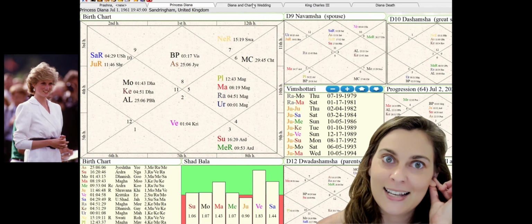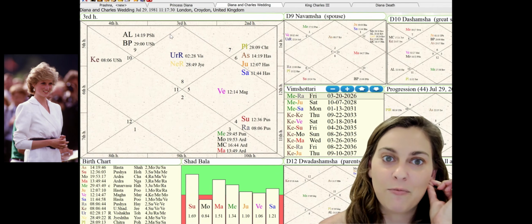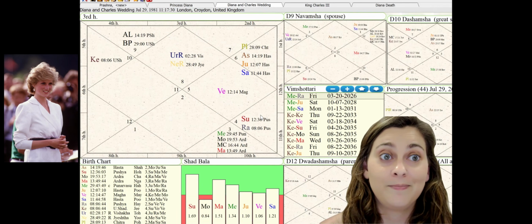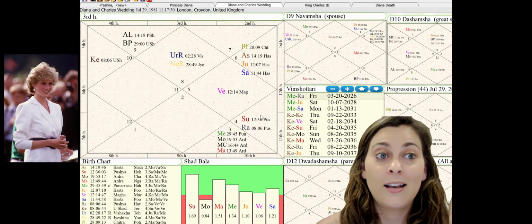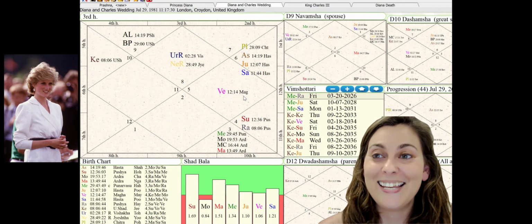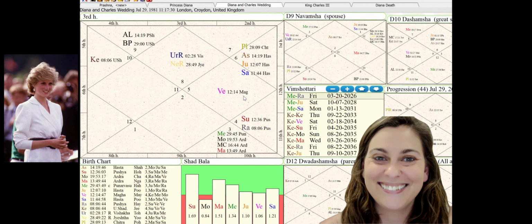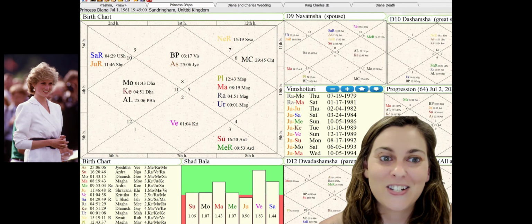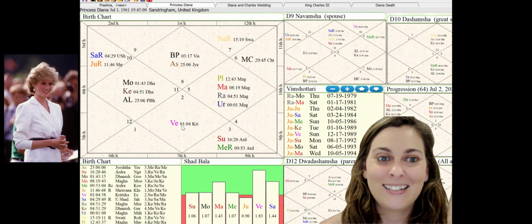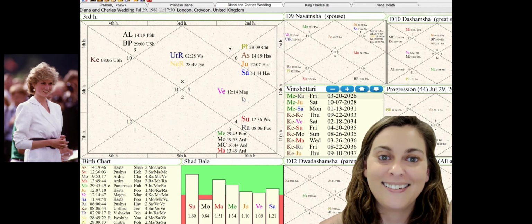Okay? This chart I have pulled up is for when she got married to Charles in 1981. Look at this. Venus was in Magha. Go back to her chart. Venus is her spouse planet. Charles is literally here to put her on the Magha throne. Look at that.